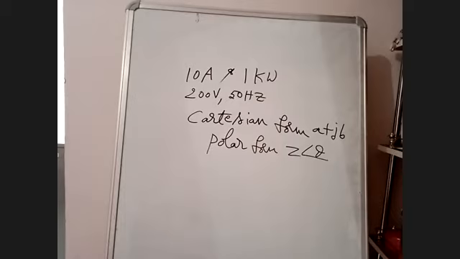Determine: first bit, impedance in Cartesian form A plus JB. Second bit, impedance in polar form Z at an angle theta. Third one, power factor. Fourth one, reactive power. Fifth one, apparent power. Is it okay?